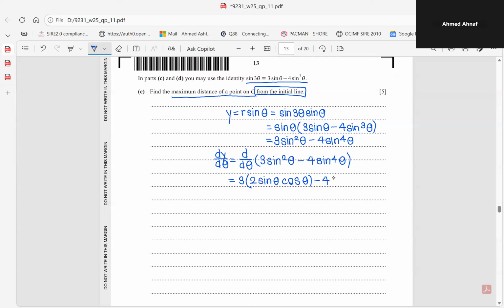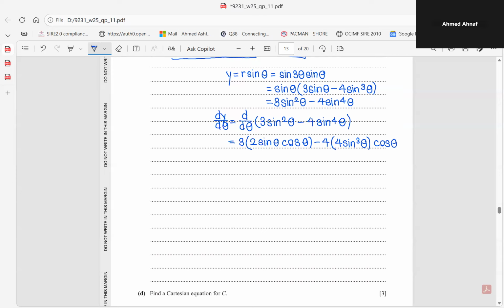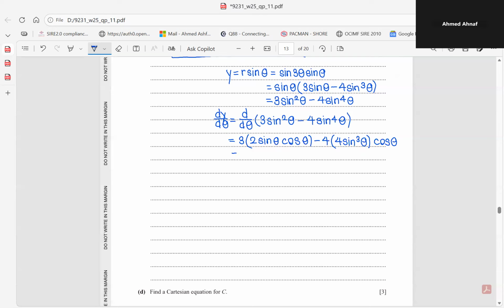So keep the 4, differentiate sine theta to the power 4 by bringing down the 4, subtracting 1 from the existing power, and multiplying it by cosine theta. Okay, so you would get 6 sine theta cosine theta minus 16 sine cube theta cos theta.